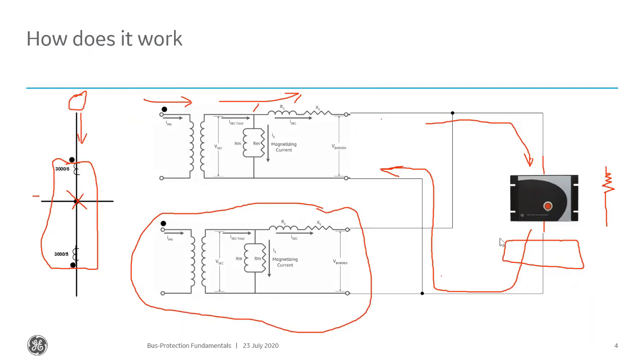And again, this will be a fairly small current in secondary terms. So let's take a look at how we actually calculate what that current should be, and how we set pickup for this.